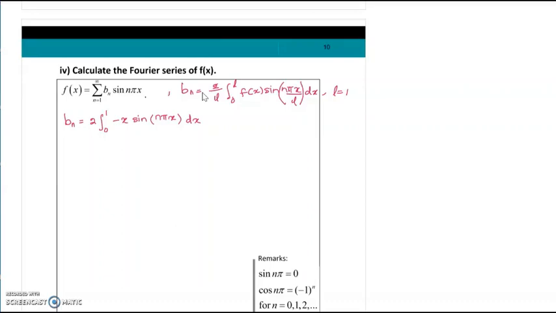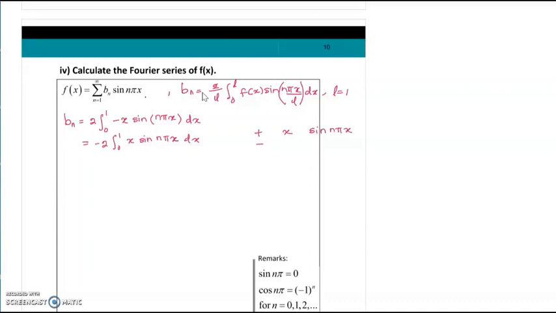Next, think of what technique of integration we need to apply here. I can take out the -1 so that we have x sine(n pi x) only. For this one, the technique is the tabular method, or integration by parts. For the tabular, we have positive, we have x, and we have sine(n pi x). Change the sign, so negative.